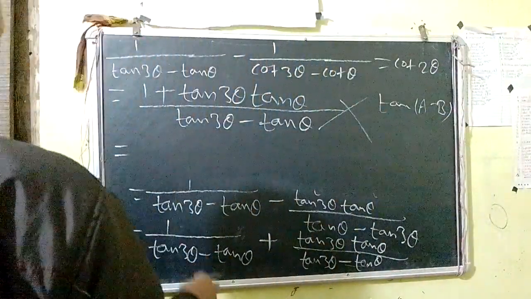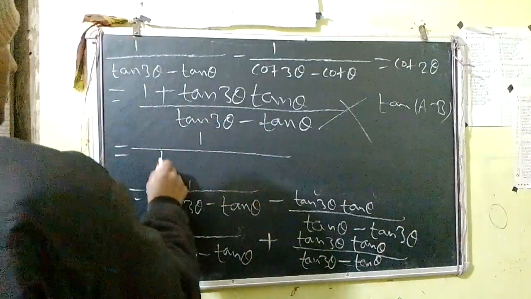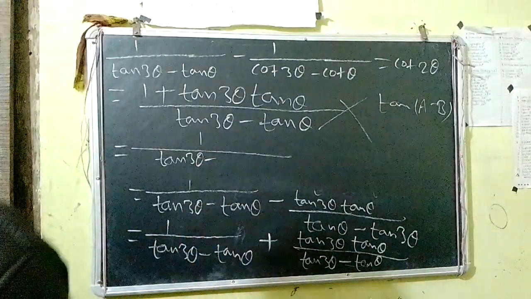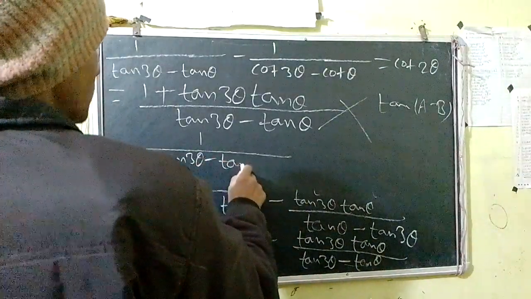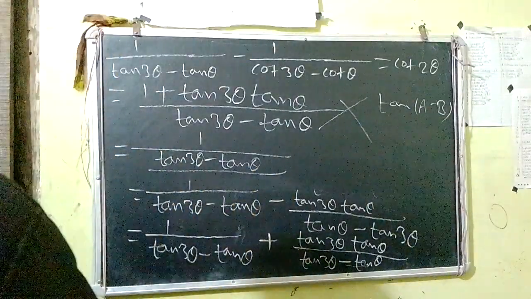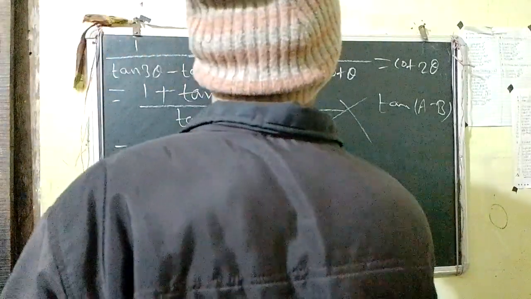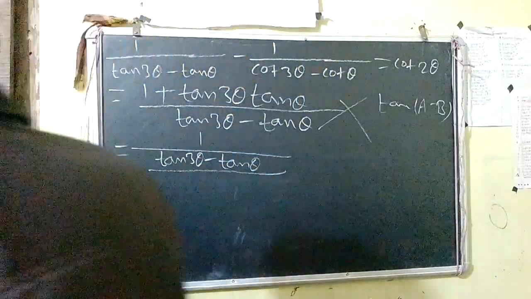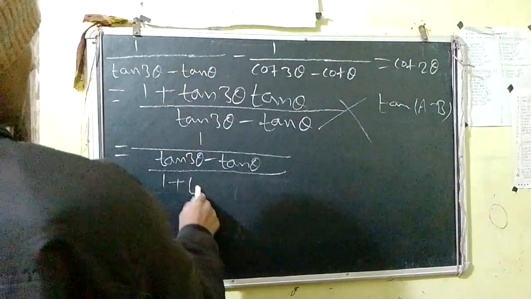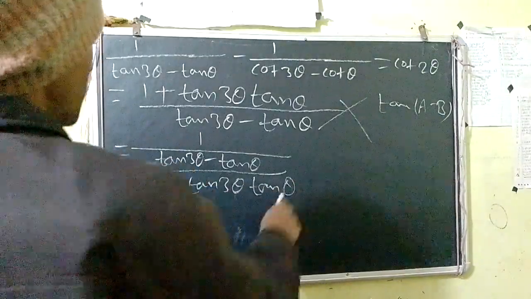So what we're going to do is write this as 1 over, we're going to make it look like the tan a minus b formula, tan 3 theta minus tan theta divided by 1 plus tan 3 theta tan theta.